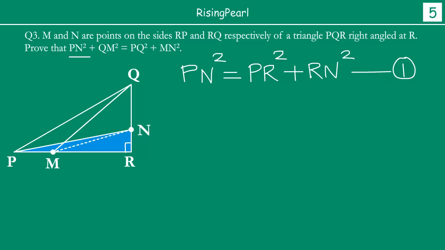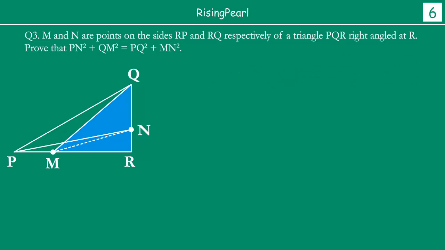Now similarly friends, what we have from the second term is QM square. So QM is in this triangle highlighted in blue. This is again 90 degrees. So in right angle triangle MRQ, QM is the hypotenuse.